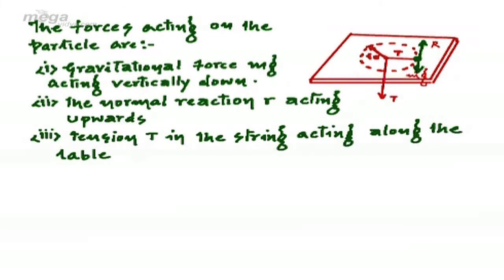From the figure we can say mg and the normal force R both are balancing each other, and the moment of the tension about point O is also 0. Thus, the angular momentum about O is conserved.